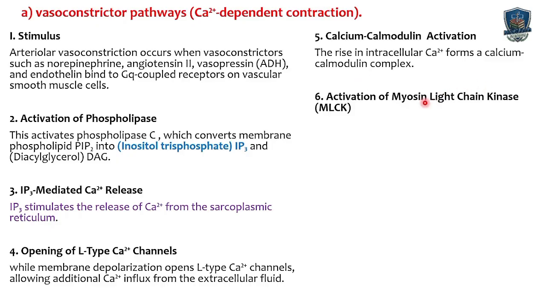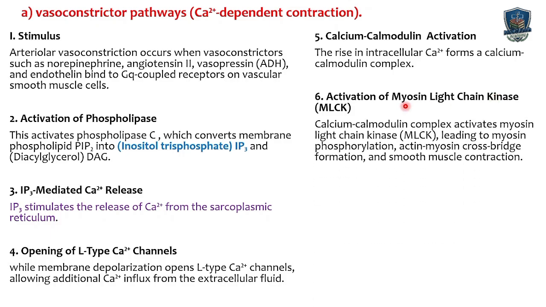So there are 2 switches. There's myosin light chain kinase, which leads to phosphorylation of myosin. And also you have the myosin light chain phosphatase, which leads to dephosphorylation. That you have to understand later. So the calcium calmodulin complex activates myosin light chain kinase, leading to myosin phosphorylation.